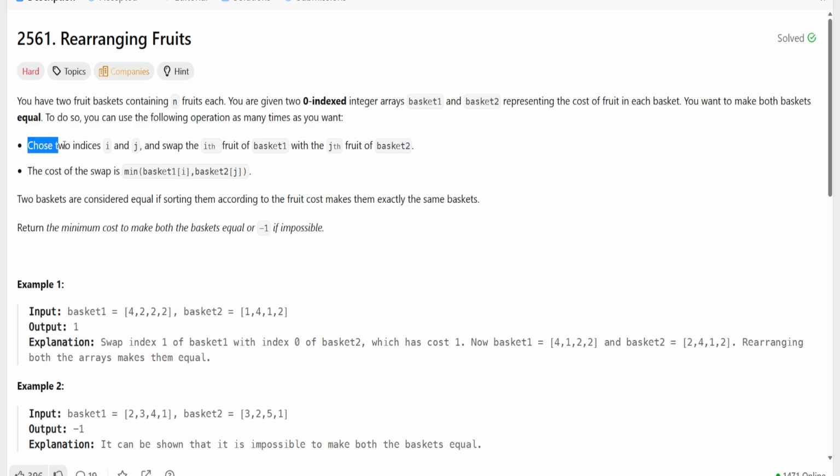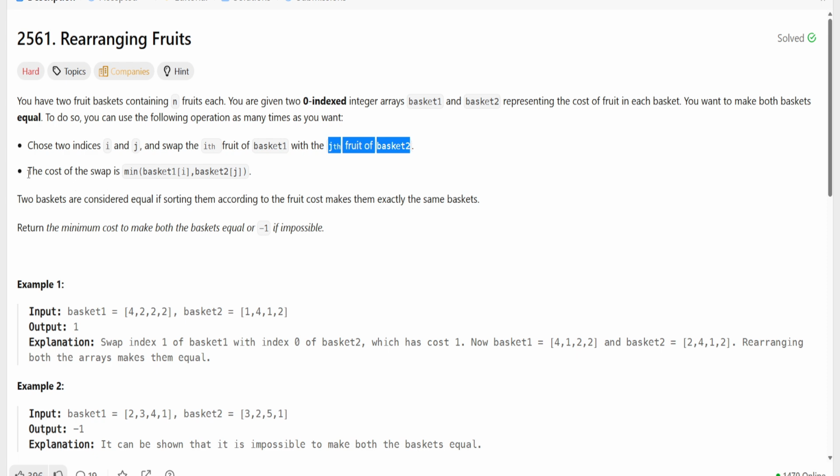How? Let's understand here. It is saying choose indices i and j. If you choose two indices i and j, you can swap the ith fruit of basket 1 with the jth fruit of basket 2.